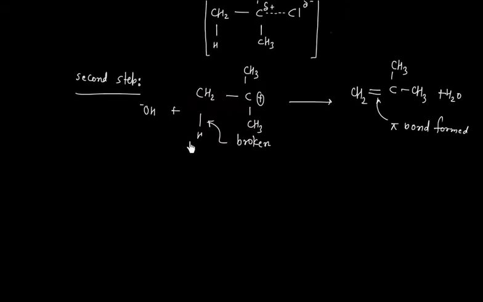So in transition state, we can start making a bond between oxygen and hydrogen because we have a bond formed between oxygen and hydrogen.